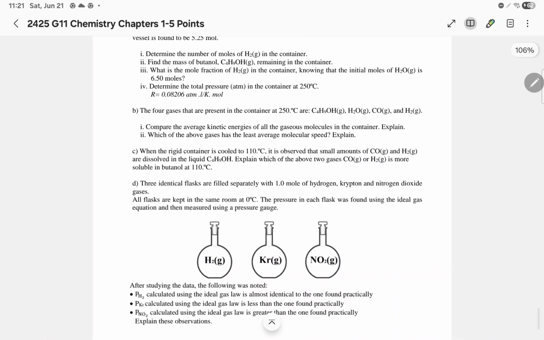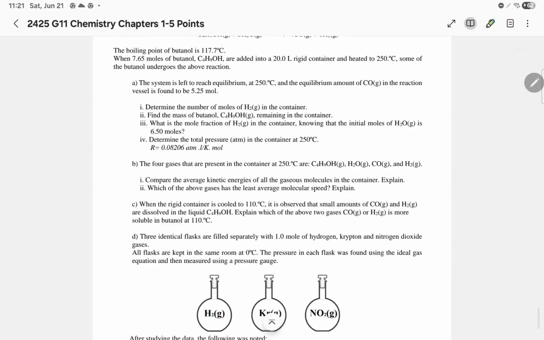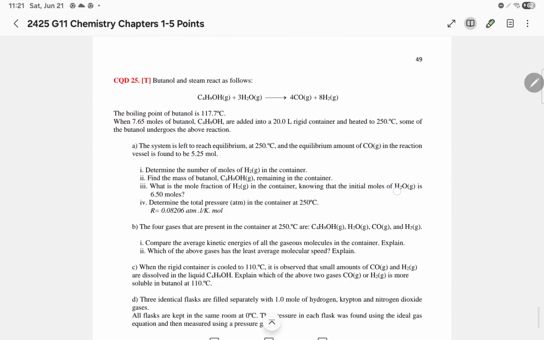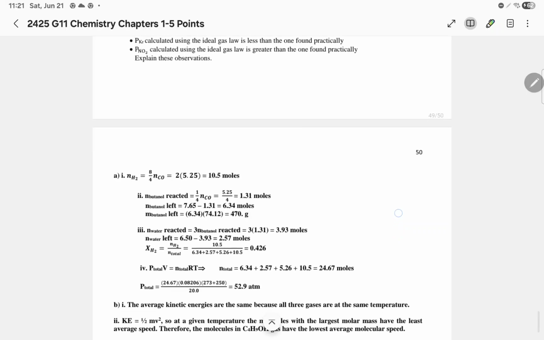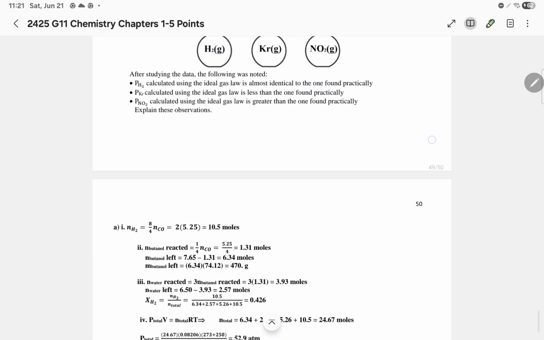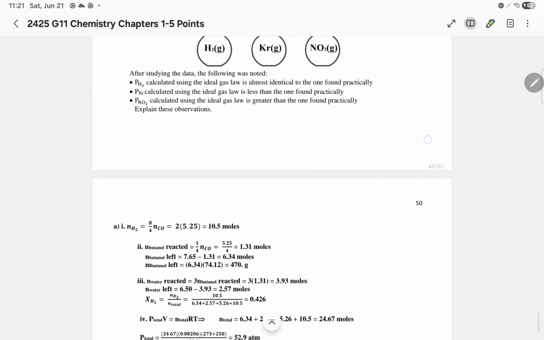Now, part II is asking, find the mass of butanol remaining in the container. So what we're going to do is, did they mention anything about limiting reagent? Yeah. So for the reacted amount, we need to do also our RGR. Same thing.